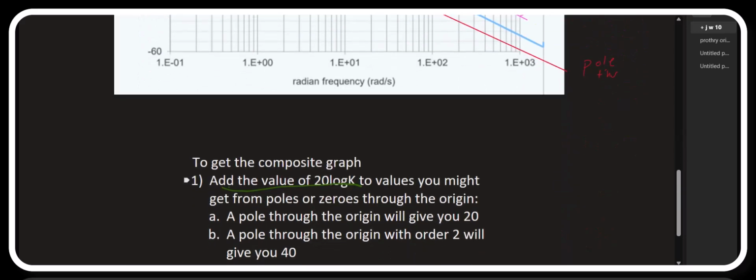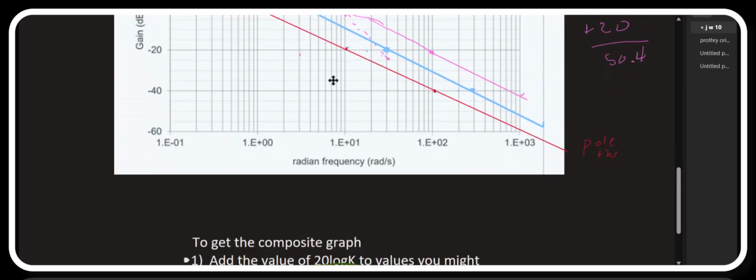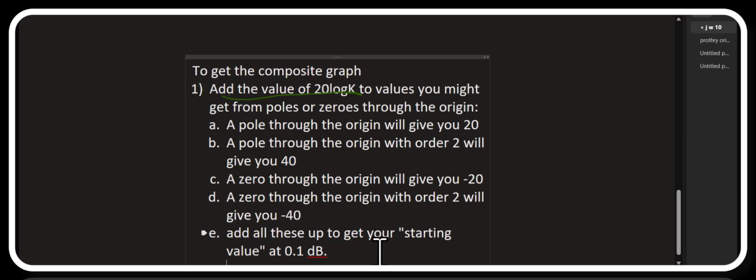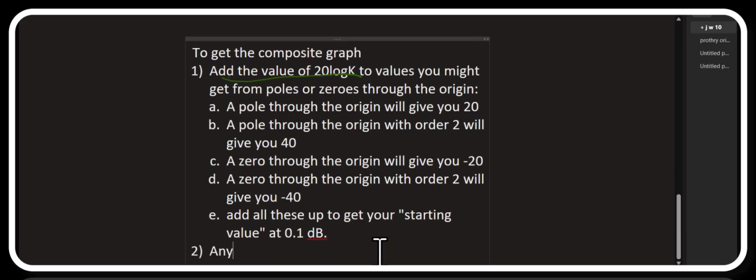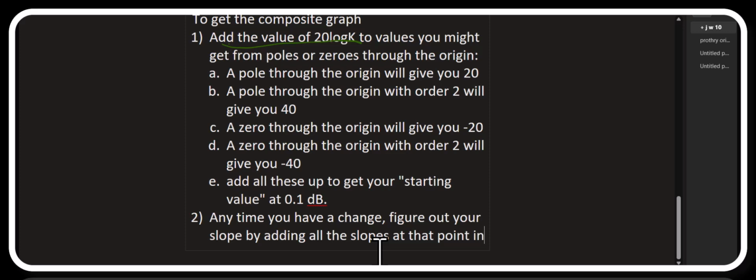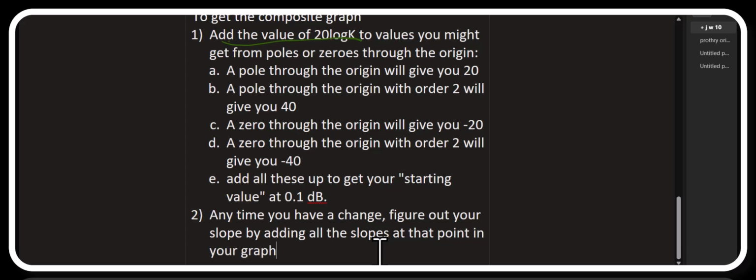And then after that, any time you have a change, figure out your slope by adding all the slopes at that point in your graph.